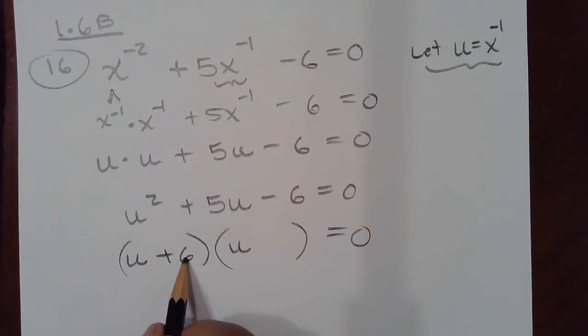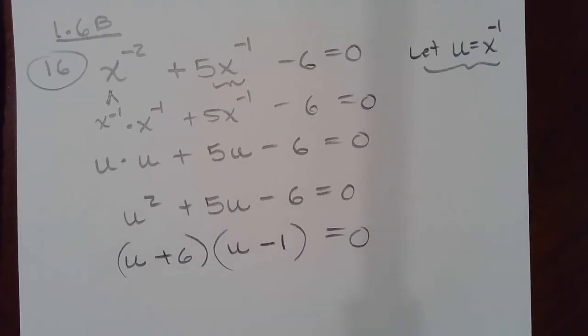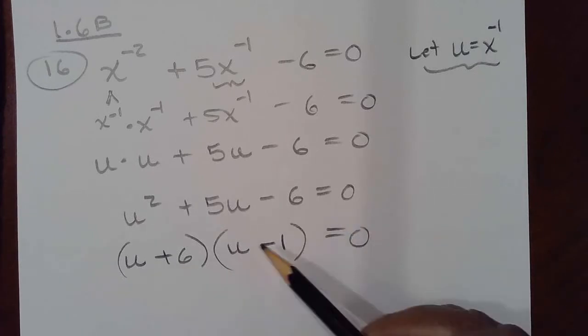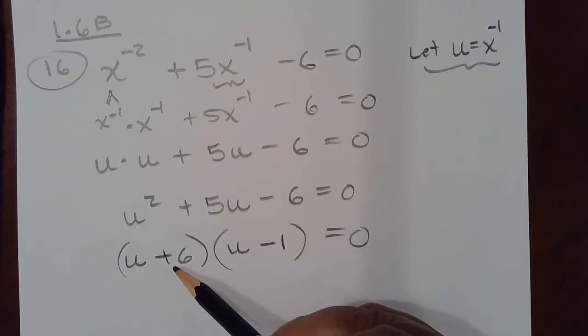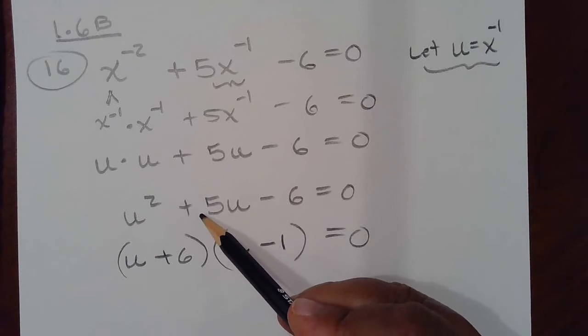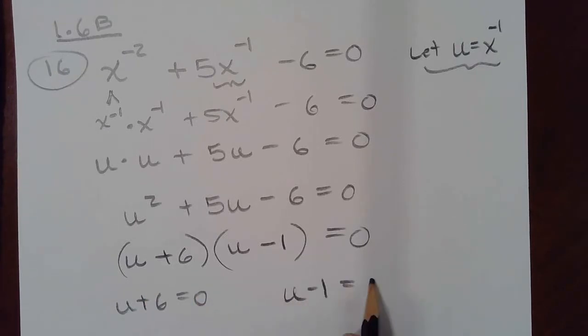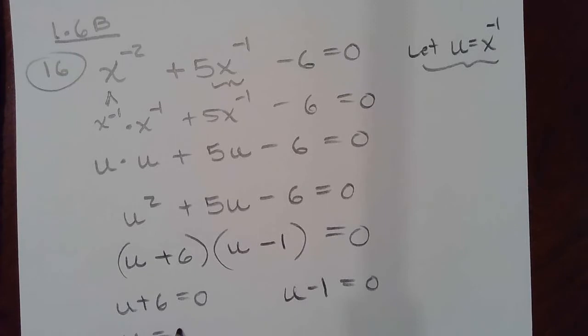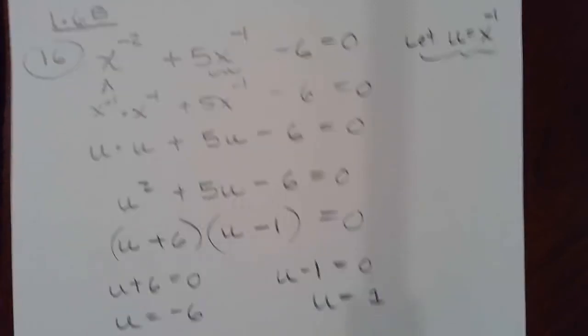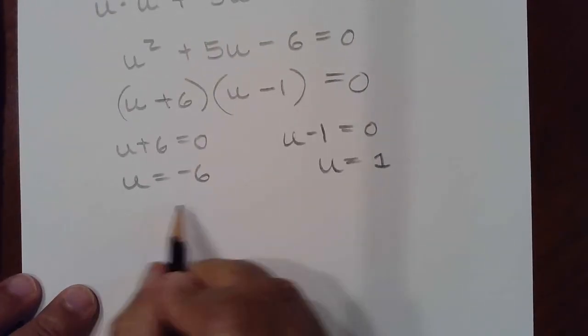So positive 6 and -1 is what would work. That times that is -6, but you should also be able to add these numbers to get that number, and you can. When you make a linear equation out of that factor as well as this one, you get two semi-solutions. They are not really the full solutions yet because you still have to resubstitute.